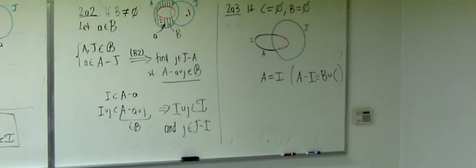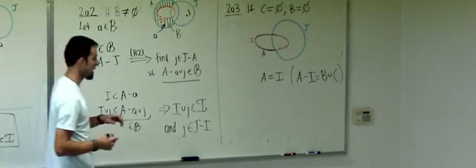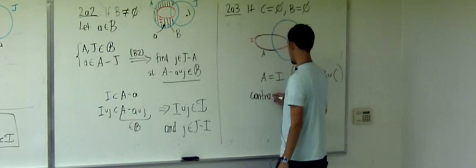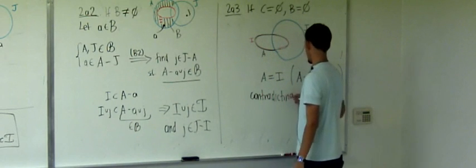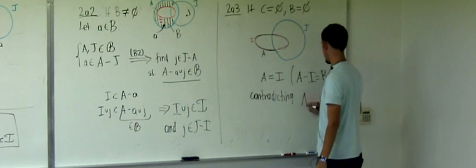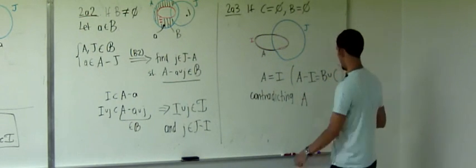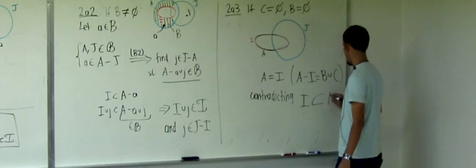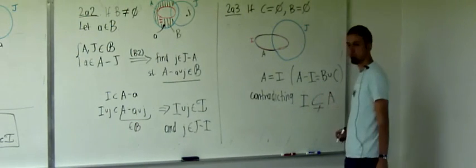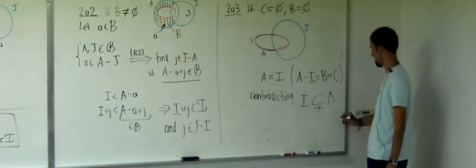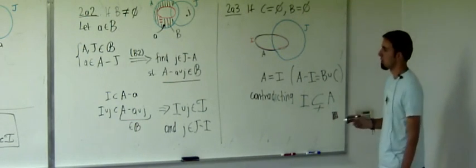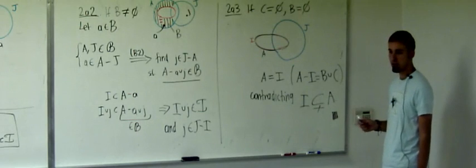I had a strict containment here, which means that this cannot be true, contradicting the strict containment: I is contained in A and not equal to A. So that's 2A3.